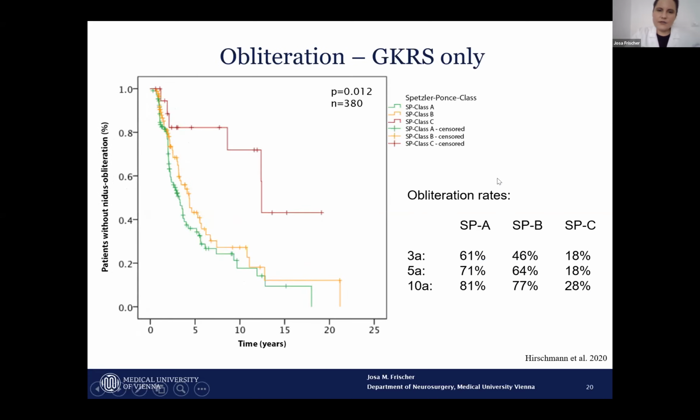What is now very nice to see is that in the gamma knife only treatment group, obviously the best results are found among Spetzler-Ponce class A and Spetzler-Ponce class B patients. And to be honest, in the Spetzler-Ponce class C, the obliteration rates are not that good.